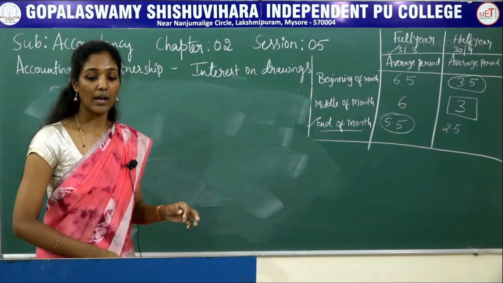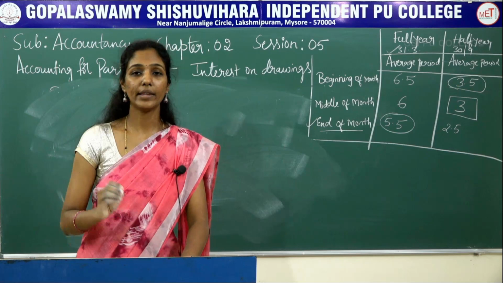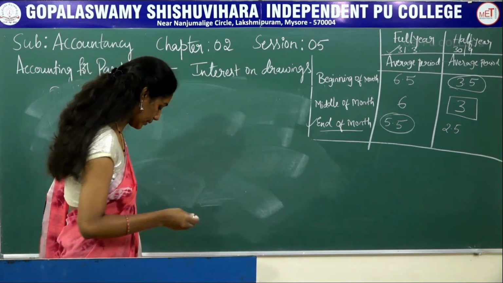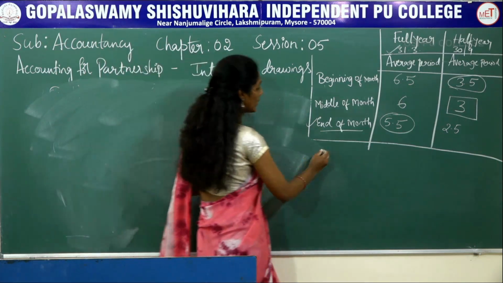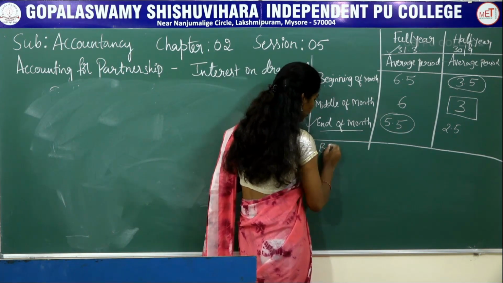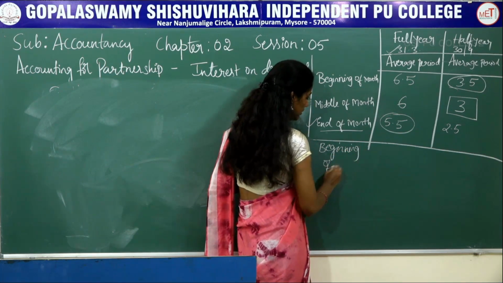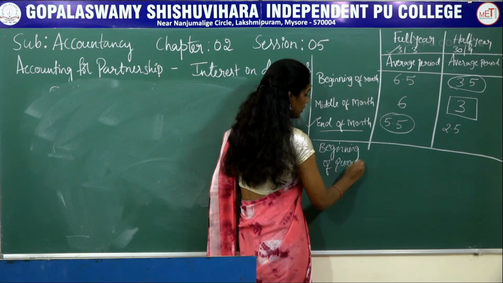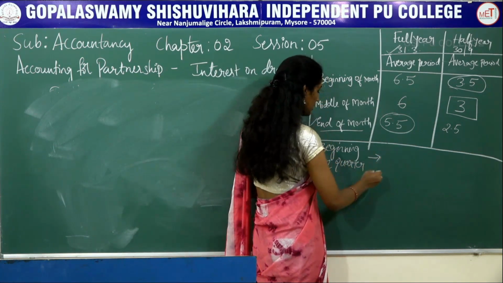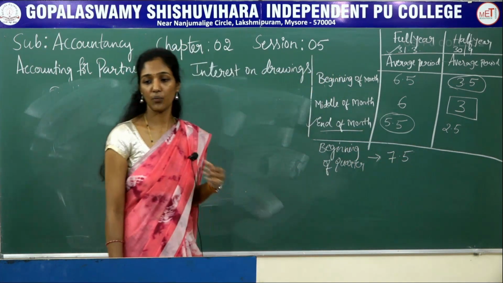In this way, if a partner has withdrawn at the beginning of the quarter or at the end of the quarter: if a partner has withdrawn at the beginning of the quarter, this is very important, the average period will be 7.5 months.